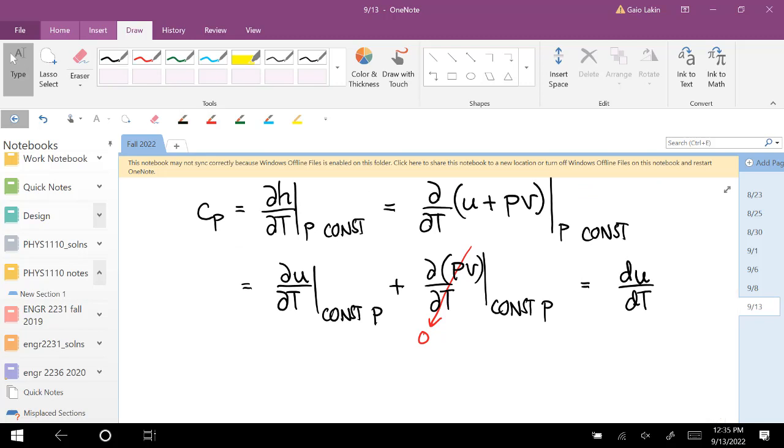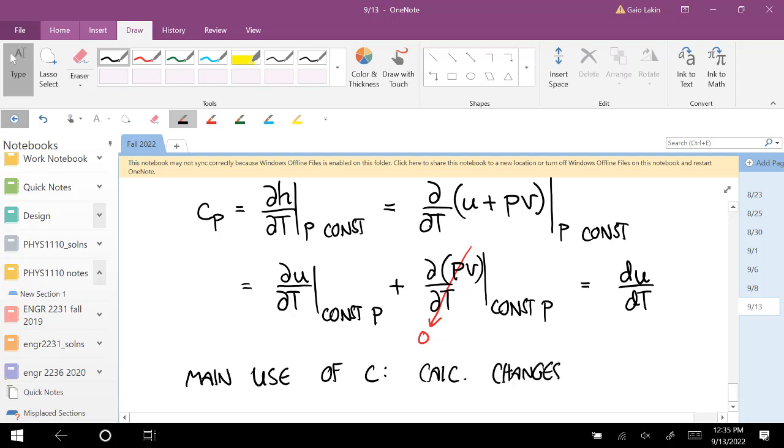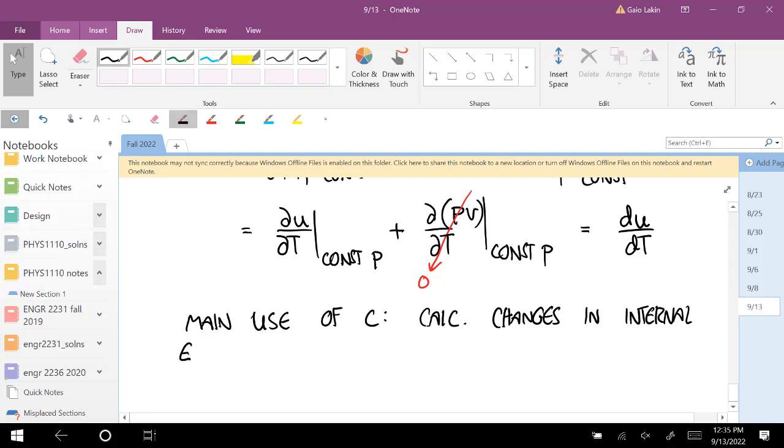So the main use of this is it lets us calculate changes in internal energy based only on the change in temperature.